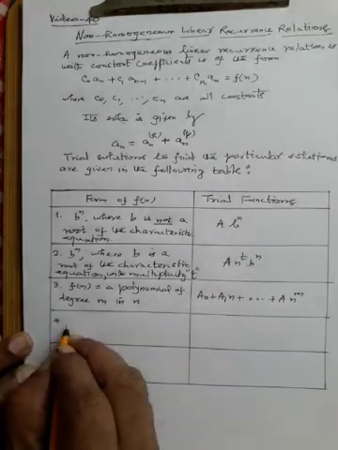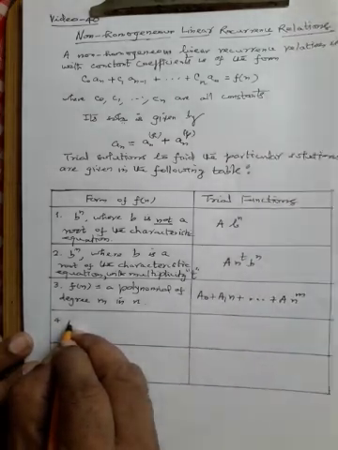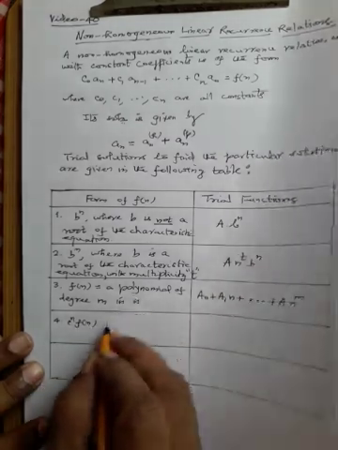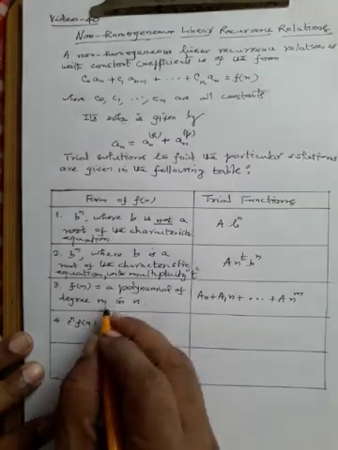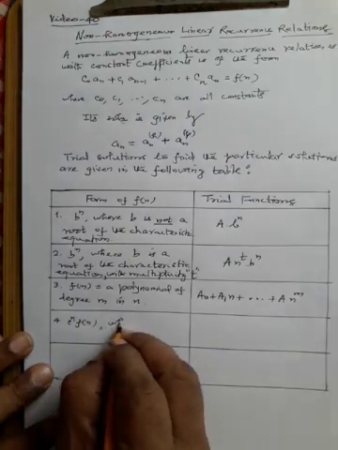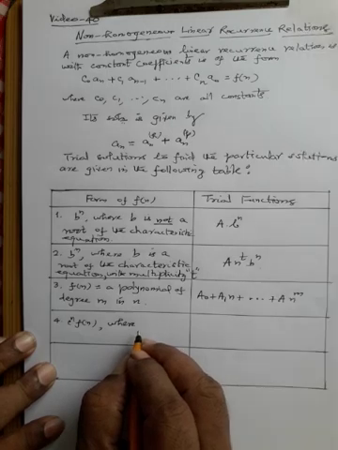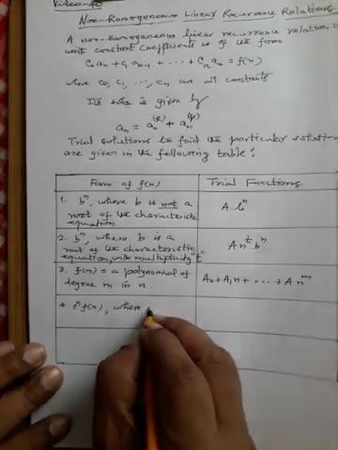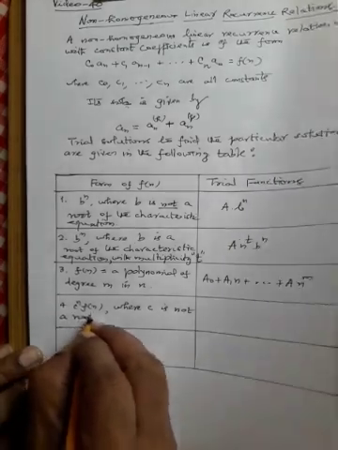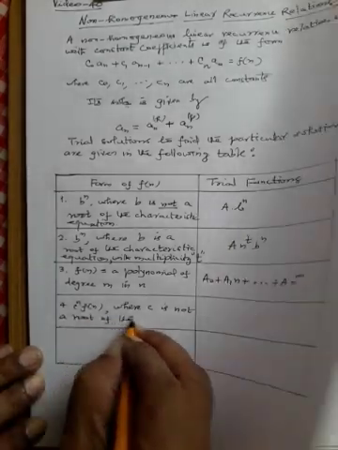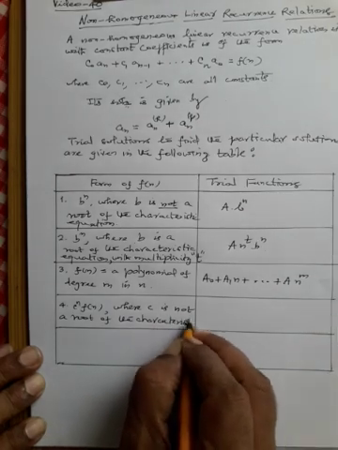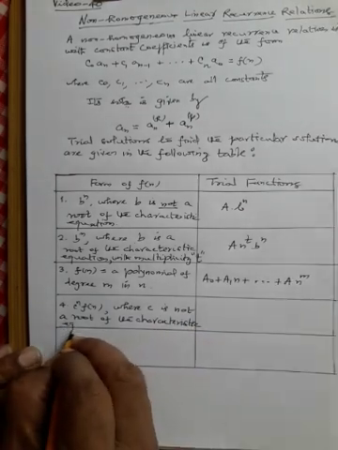Fourth one, if f of n is c power n times a polynomial of degree m, where c is not a root of the characteristic equation.